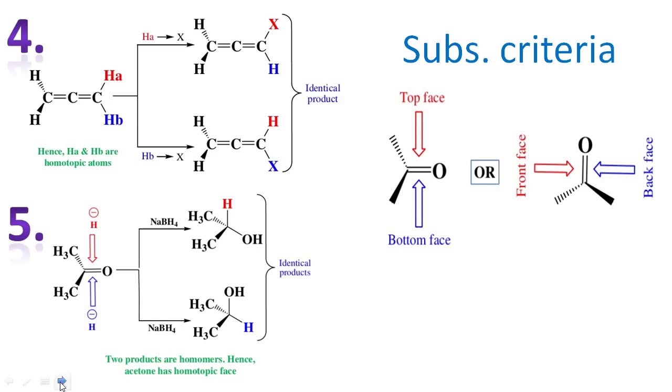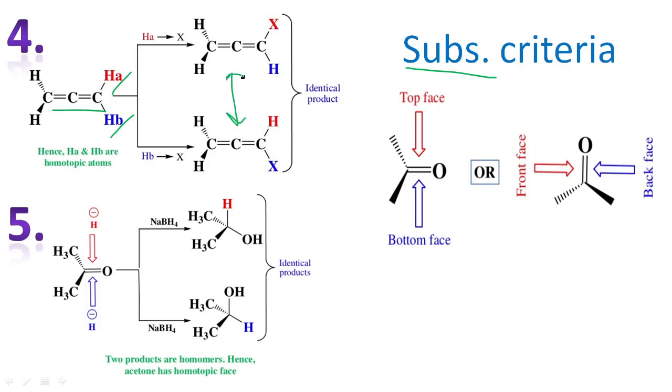Now this is the first criteria that we are deciding on. Okay, we'll just look through the examples. So it can be broadly divided into substitution and the C2 axis that we discussed in the previous slide. Okay, now look at this, you can see an allene here. Here we have HA and HB. Okay, you can substitute any one atom by X, and then you will have these two molecules which are basically the same.